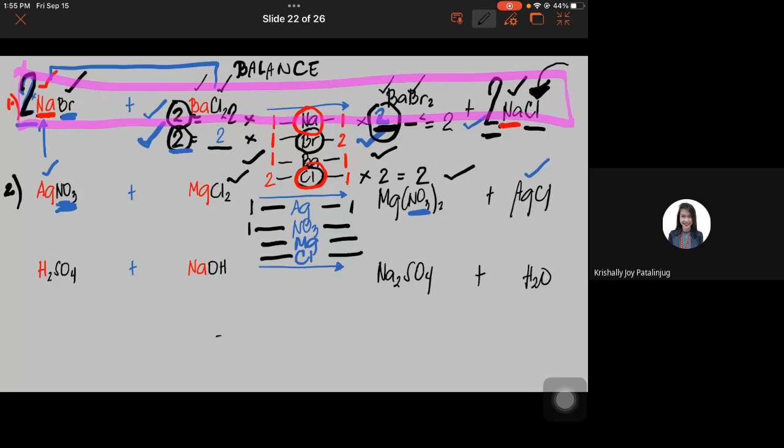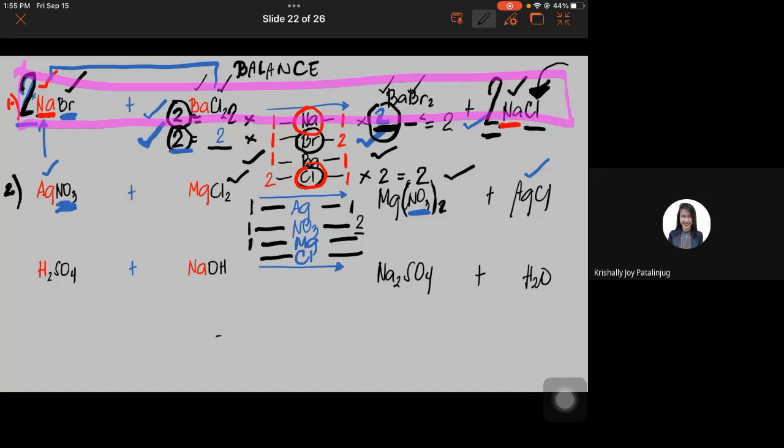So isa lang yung NO3 sa reactant side. On the product side, there are 2. NO3 may subscript na 2 naka-enclose. Kumbaga, the whole polyatomic anion is enclosed in a parenthesis with a subscript of 2. So there are 2 NO3, or nitrate, on the product side.